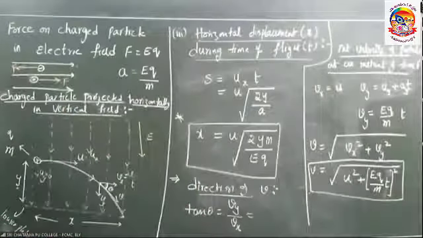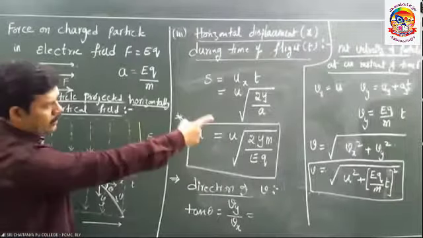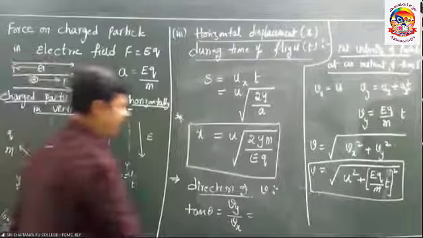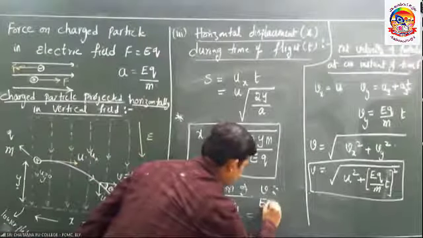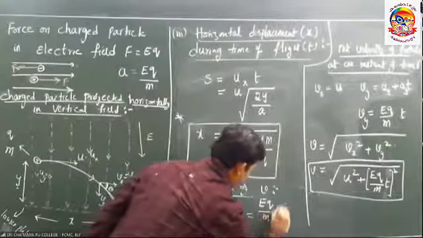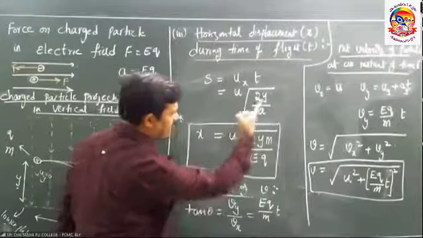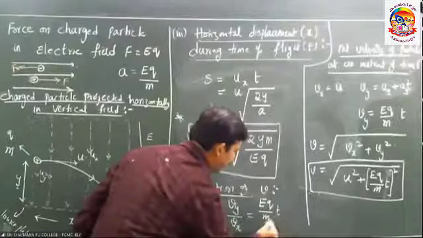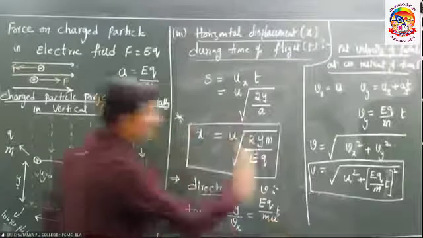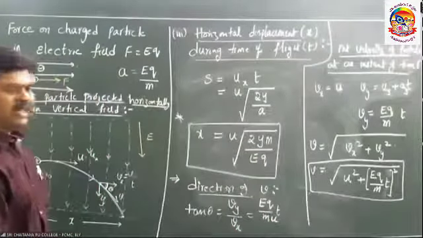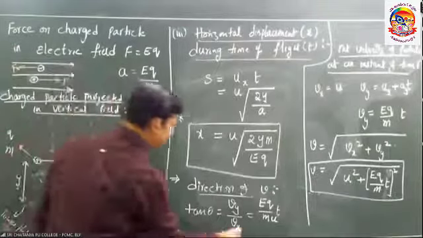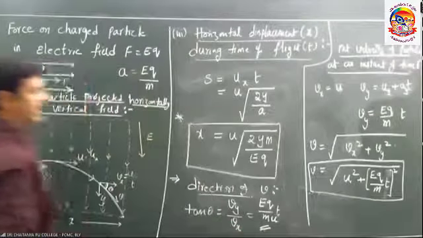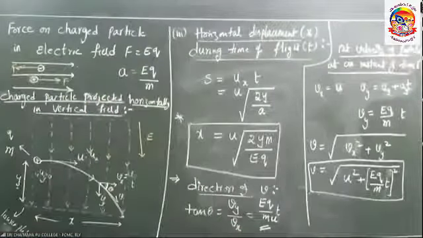What is Vy? eq by m into t. What is Vx? That is u. So tan theta is eq by m into t by u. You can write like that. This is the direction of the resultant velocity.